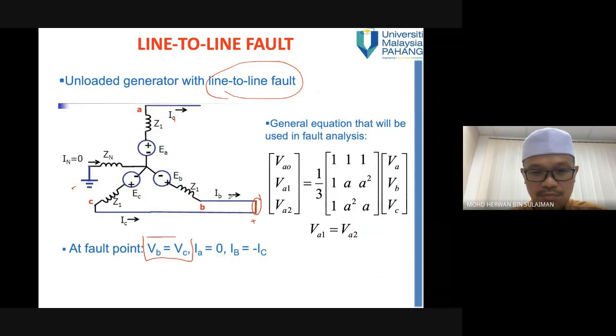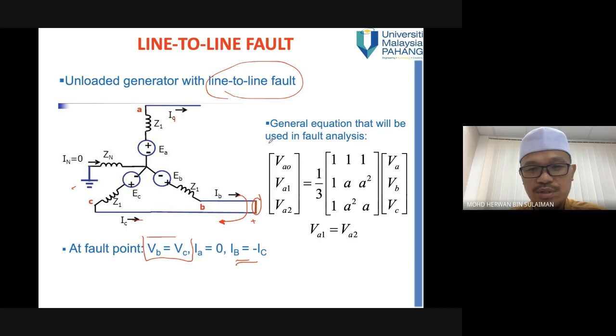And from here we can see that your IB and IC become similar in magnitude, but their flow is inverse. So that's why you get IB equals to minus IC. IC is here, going backwards, negative. So you can see that for our VB and VC, when shorted, the voltage is not 0. The voltage will become higher.